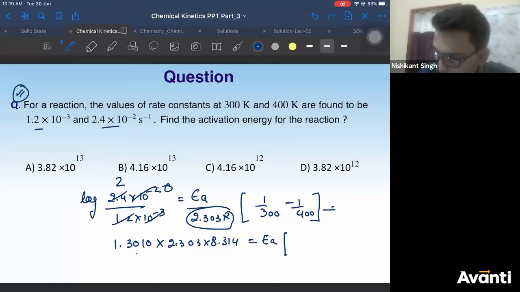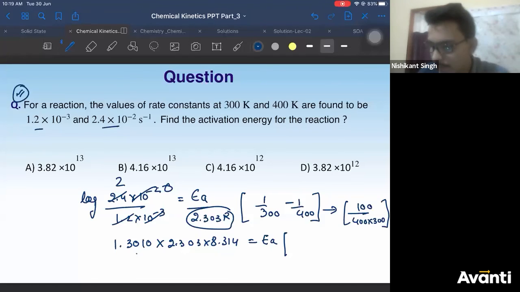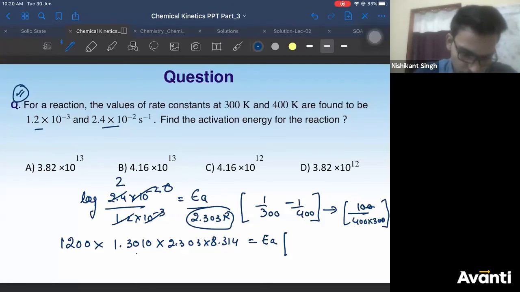This can be written as 400 into 300, and in the numerator you have 400 minus 300, 100. So I think you'll get 1200 here. So you'll get 1 by 1200, which will be written here. You can calculate how much it is coming out to be.